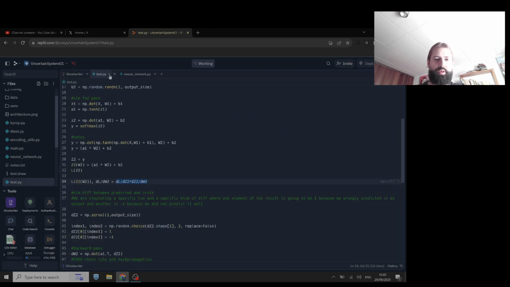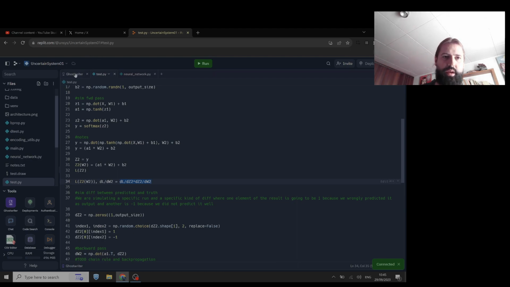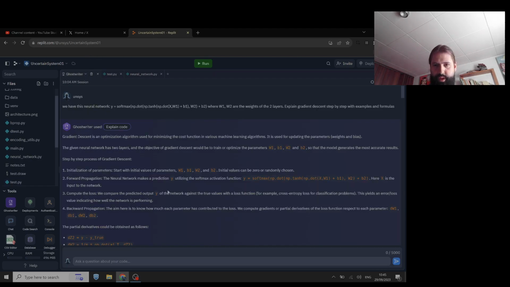Essentially, it's telling you that the derivative of this is basically the derivative of this function with respect to Z2 as a variable, times the derivative of that thing in there. Okay, fair enough. I think I understand that, but there are two important things in here.